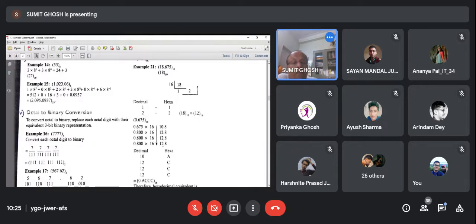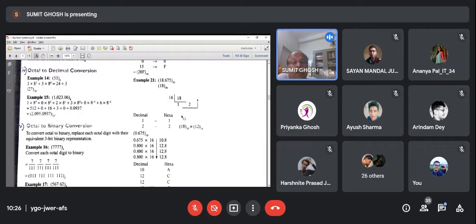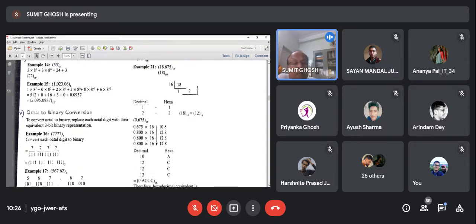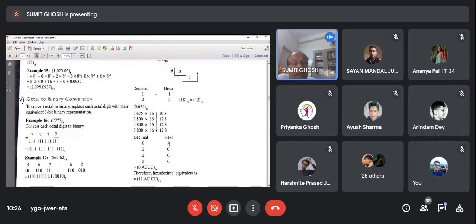When it is before the decimal place, you go from bottom to up. When it is after the decimal place, you go from top to bottom. So here you have 10, 12, 12, 12. Now 10 is A, 12 is C. You'll get habituated with this later on.